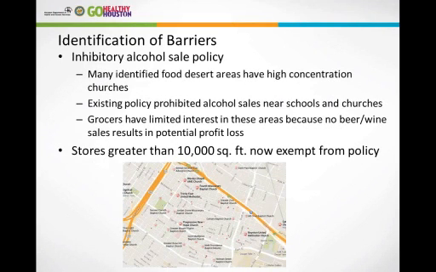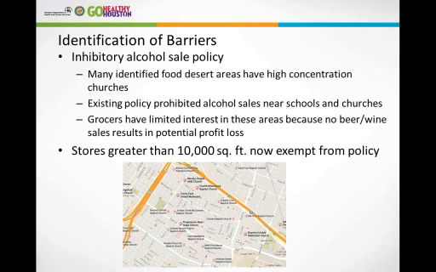So we worked hard also to identify barriers to this type of policy. And one barrier that really was identified as very inhibitory was actually an alcohol sale policy which prohibited alcohol sales within 1,000 feet of schools and 300 feet of churches.